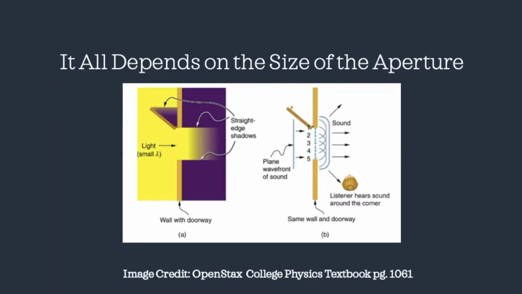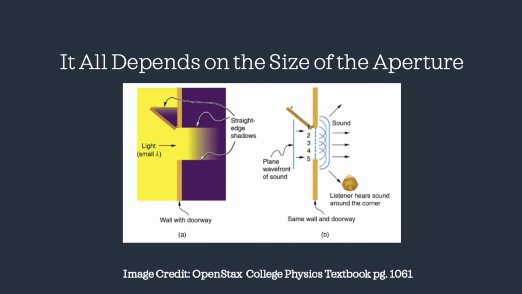One thing to note is also that the diffraction of the waves, or the bending of the waves as they pass through the aperture, depends on the ratio of the wavelength to the size of the aperture. If we see in this image here, when light passes through, say, an open doorway, light's wavelength is so small compared to the opening of the doorway that we won't see any visible diffraction.